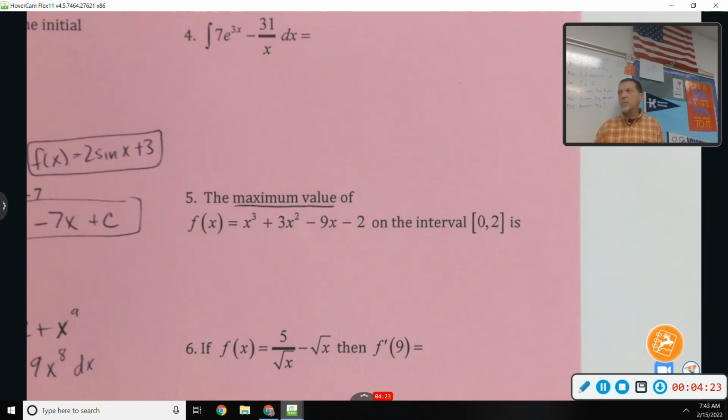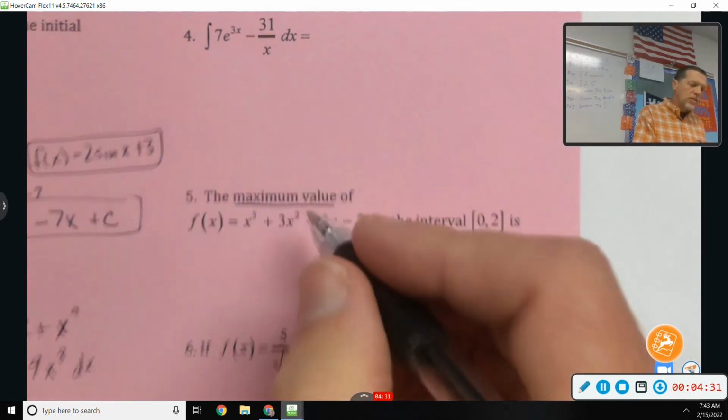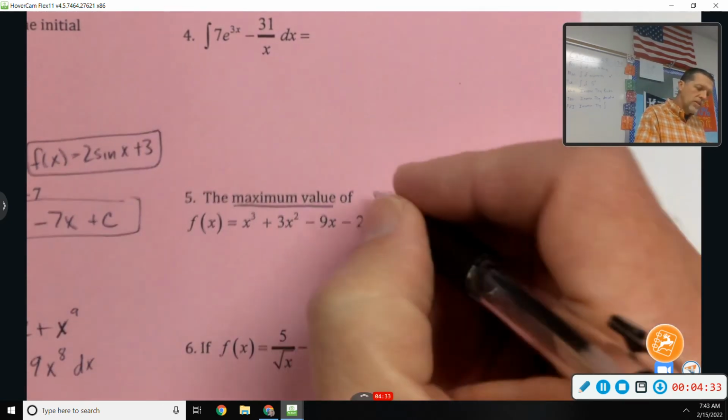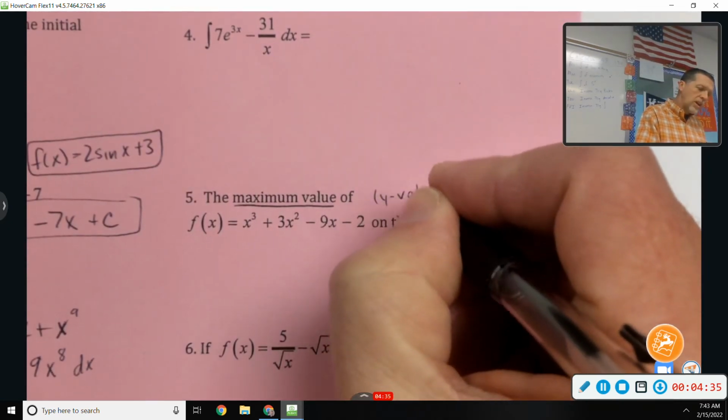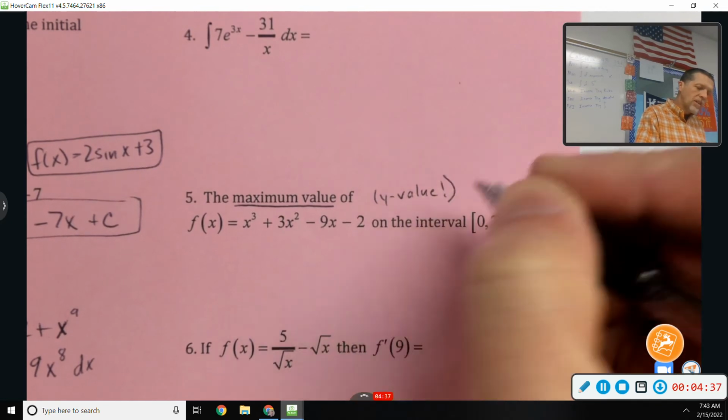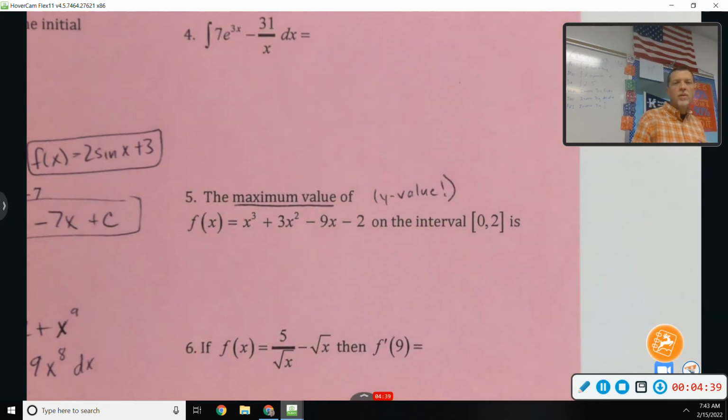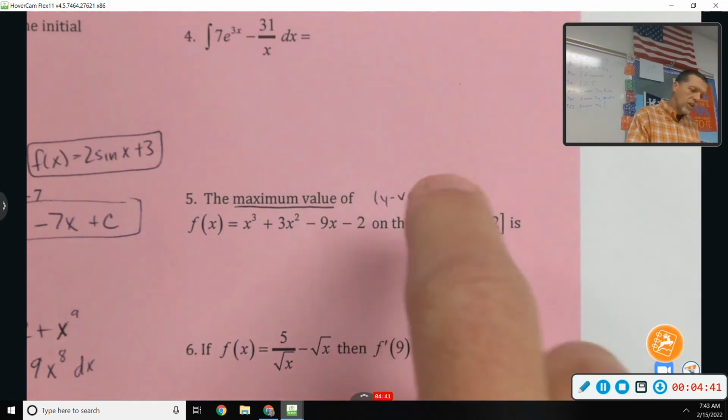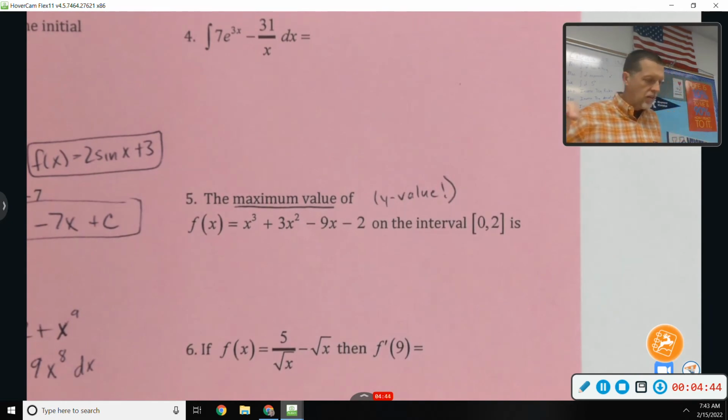The maximum value, that would be like how high it is. So that would be the y. So, I mean, all your work is going to get you the x, but at the end, your answer needs to be the y value. Again, that really won't matter until the very end, because all your work is with the x's. But then at the end, make sure you give the y value answer, not the x value answer.